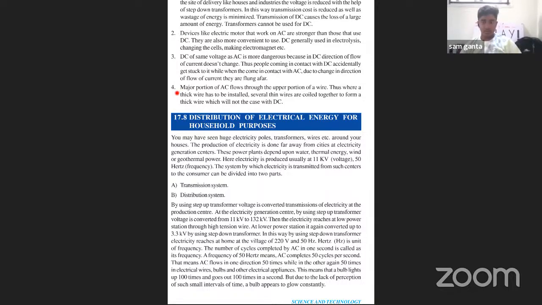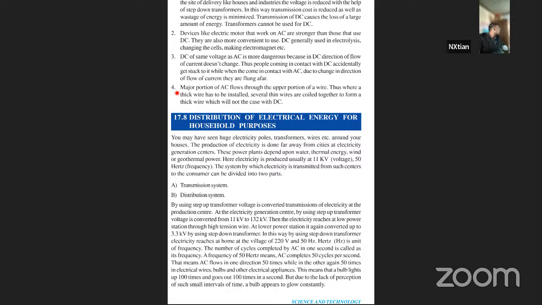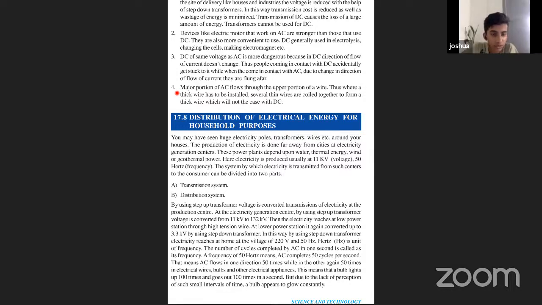Yeah, question four. The major portion of AC flows through the upper portion of a wire, thus a thick wire has to be installed. Several thin wires are coiled together to form a thick wire, which will not be the case with DC. You may have seen huge electricity poles, transformers, wires, etc. around your houses.